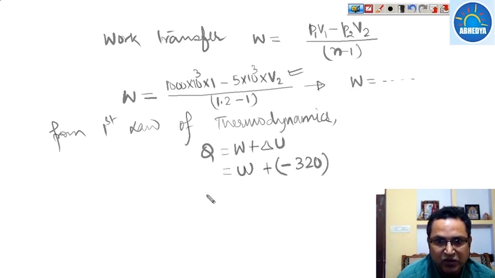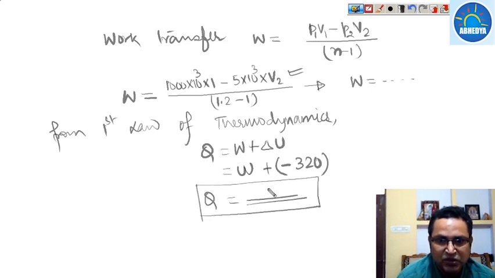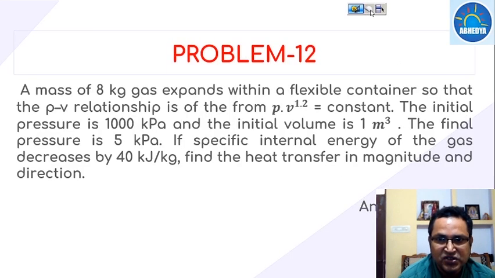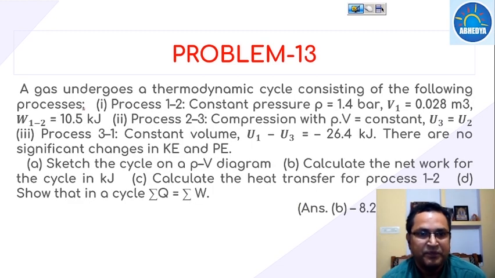So put the value of W, so you will get how much heat transfer is being done. So this much heat has been transferred. Put the values and get the answer. And in the question he is asking the heat transfer in magnitude. The magnitude is known, and the direction. So direction means if it is.